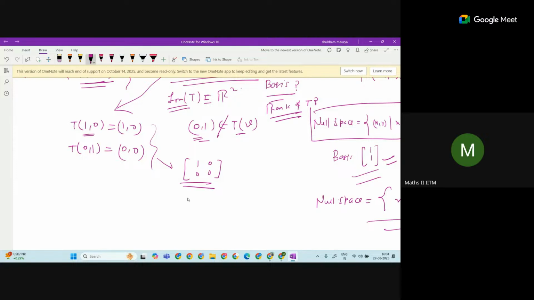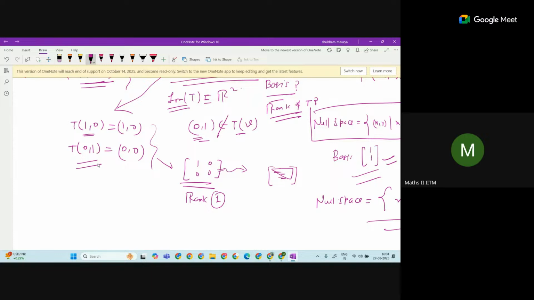Now you just find the rank of this matrix: convert it to simplified upper triangular form, and the number of non-zero rows gives the rank of the matrix. It is already in upper triangular form, so it is clear that the rank of the matrix is 1. So you can say the rank of T is 1.